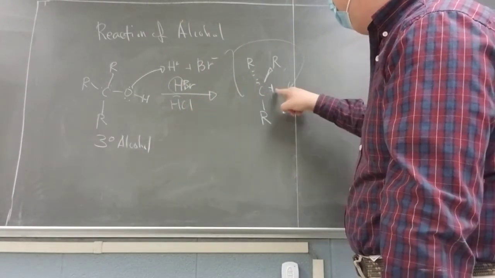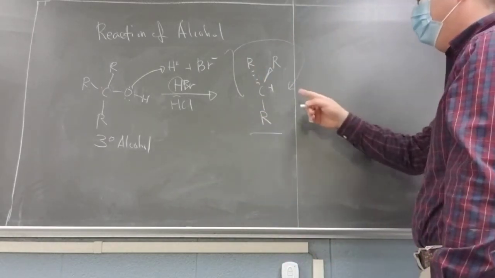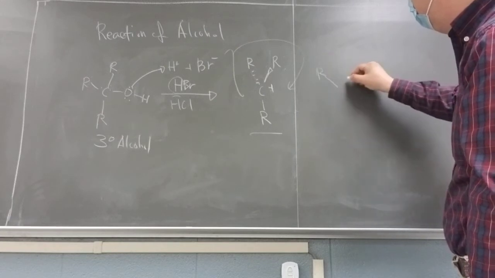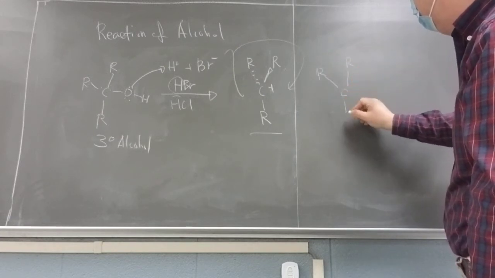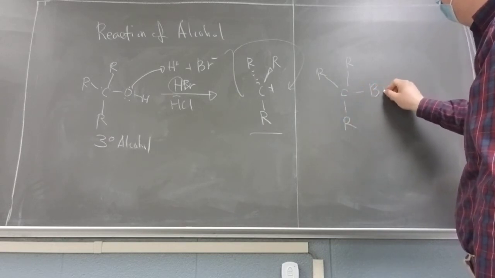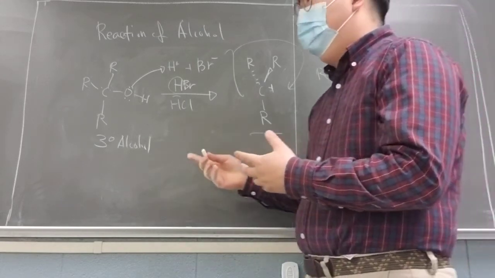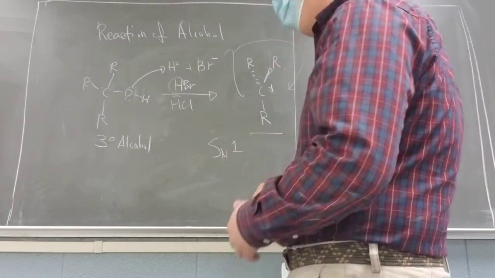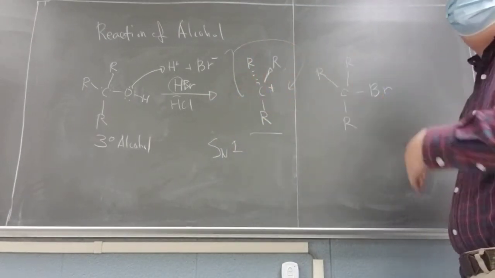Once the carbocation forms, the chloro group can now bond there. So this is a way we can get the SN1 reaction we learned before, to make the alcohol into an alkyl halide.